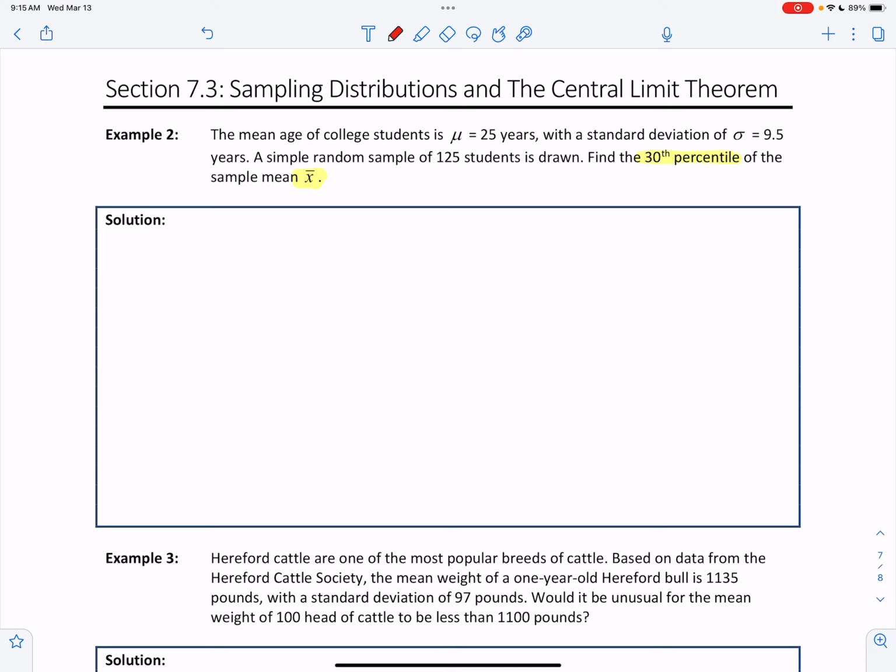And percentiles, these were actually defined in the previous section. If you looked at your homework, then you saw some things dealing with percentiles. Percentiles give you the area to the left as a percentage.